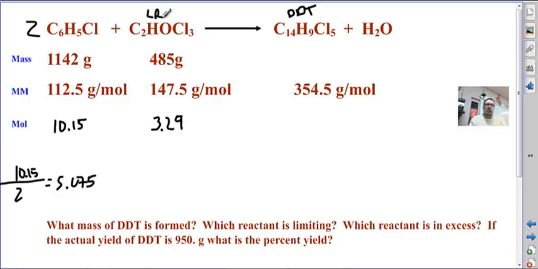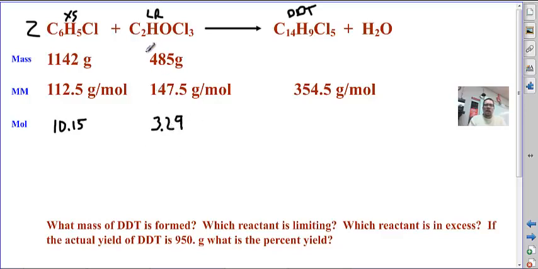This is my excess reactant. So I'm going to have some extra chlorobenzene left over when this reaction occurs. What that means, though, is this is the one I need to use, the 3.29 moles here.